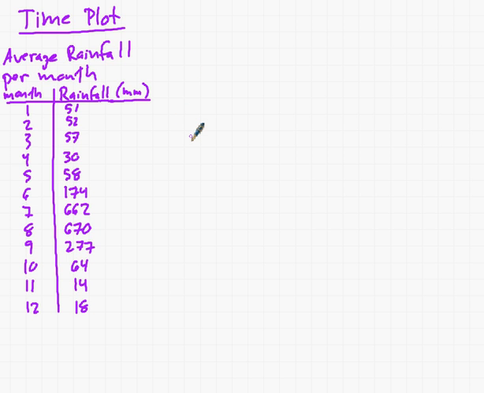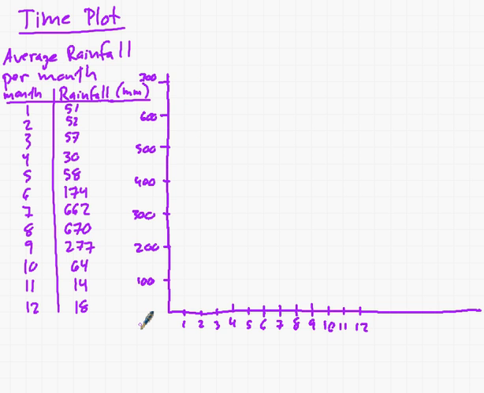So we'll have our axes. Here are the axes. I, of course, have set the bottom to months and millimeters of rain as the vertical. And now each data point is going to be a single point. It's a little different than the bar chart. So this is what it's going to look like.